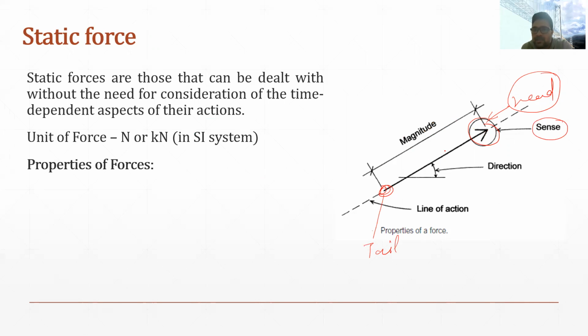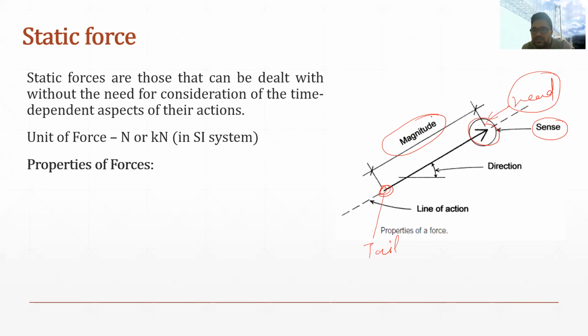Similarly, if we draw this arrow to scale, then the length of the arrow shows the magnitude. What is the magnitude of the force? Magnitude can be in terms of Newton, can be in terms of kg. So for example, if I say 5 kg force, in that case 5 kg is the magnitude.